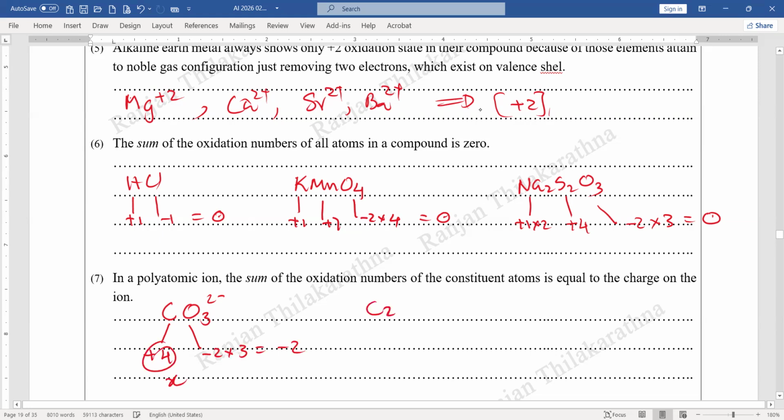If we have Cr2O7 2-, if Cr is x, then 2x minus 2 into 7 equals -2. This is actually +6. Then +6 into 2 minus 14 equals -2.